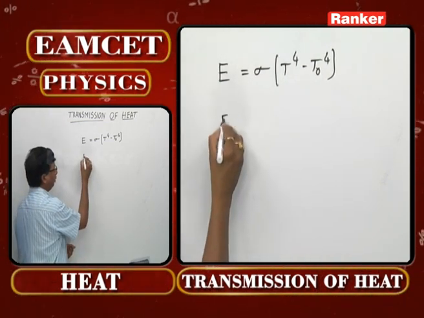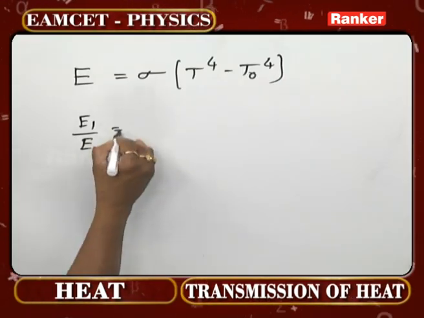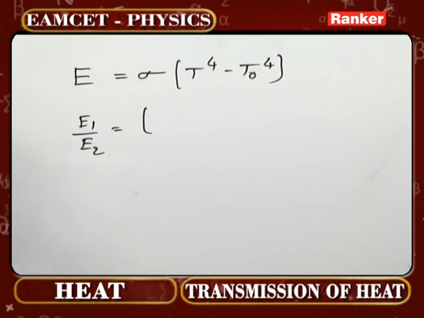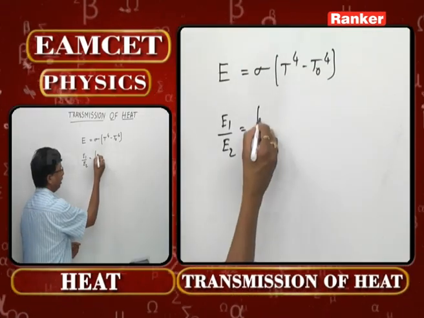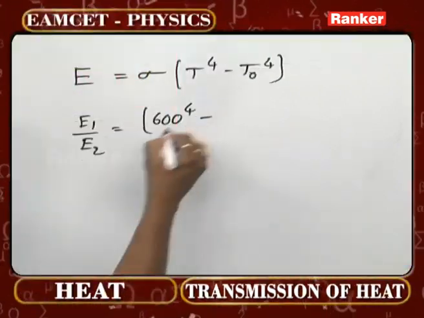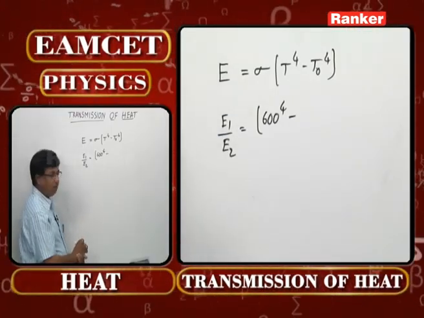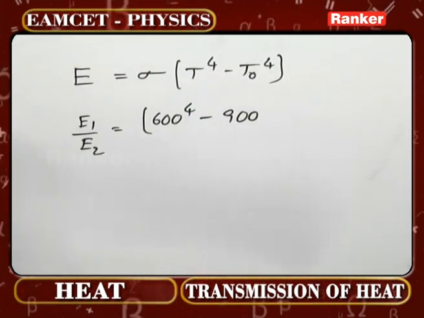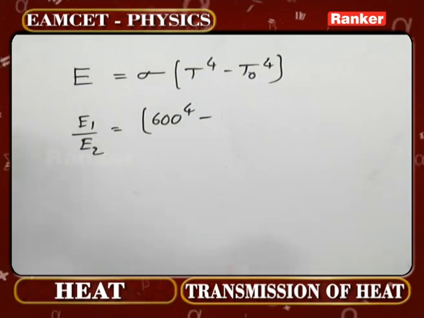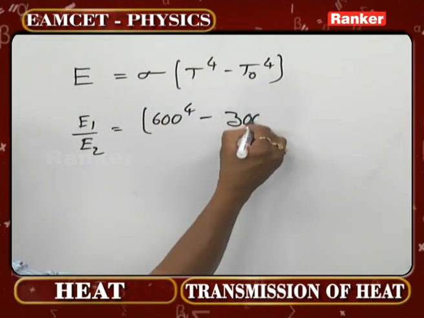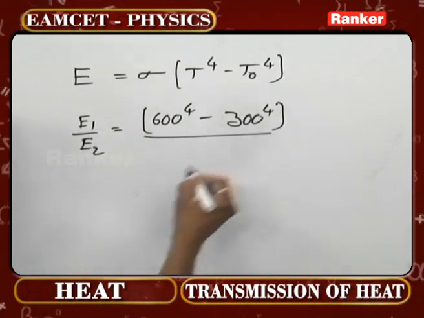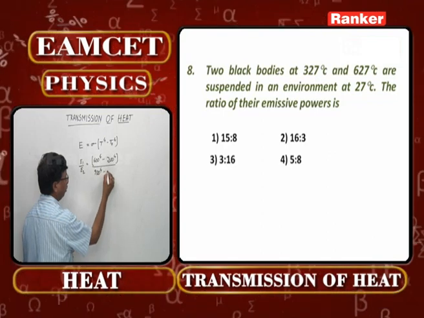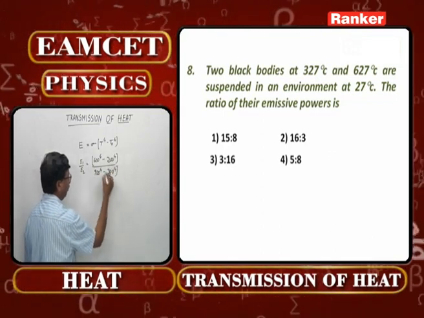So in this case, you can write E1 by E2 is equal to T power 4, 327 degrees centigrade, you have to add 273 to it, that now becomes 600 to the power 4. 627 degrees centigrade is equivalent to 900, and 27 degrees centigrade is the surrounding temperature, plus 273, that means 300 whole power 4, divided by what is the temperature of the second body? 900 to the power 4 minus 300 to the power 4.